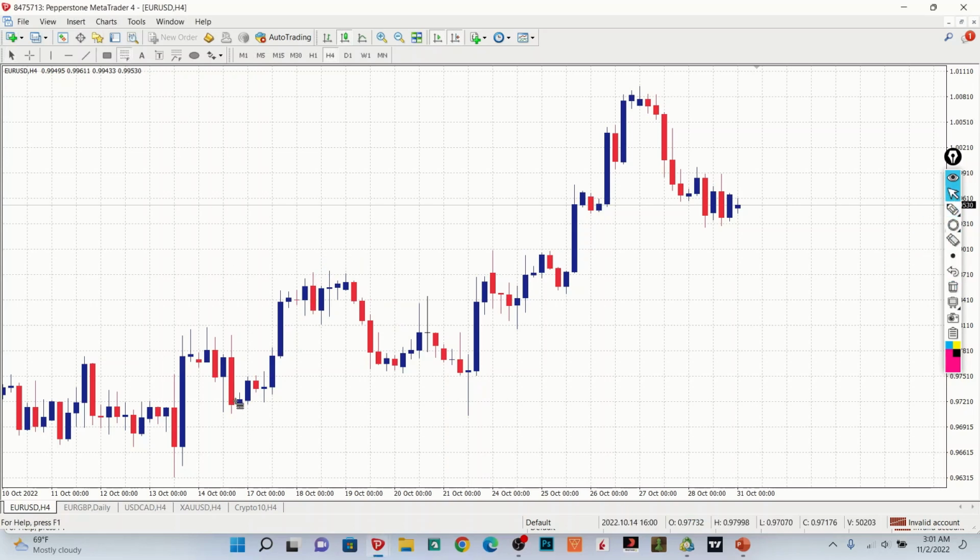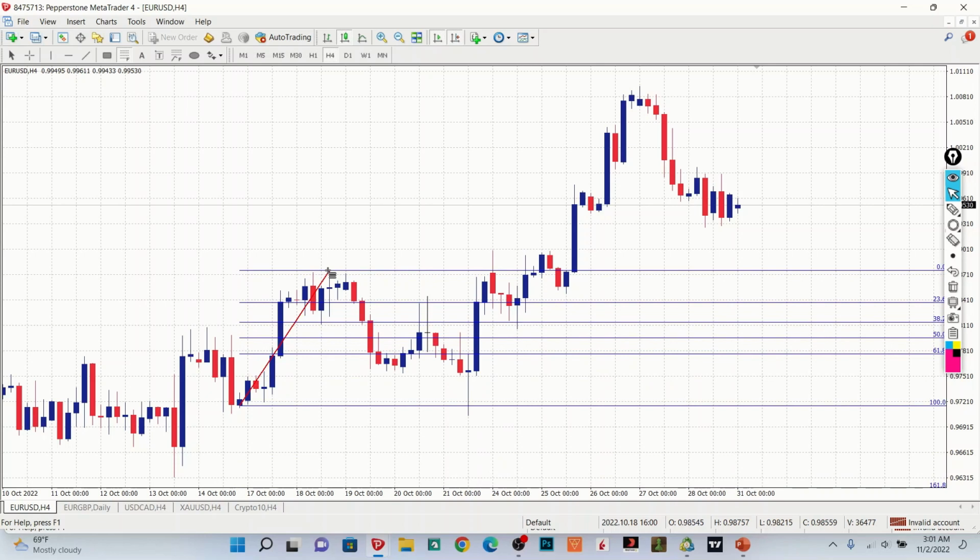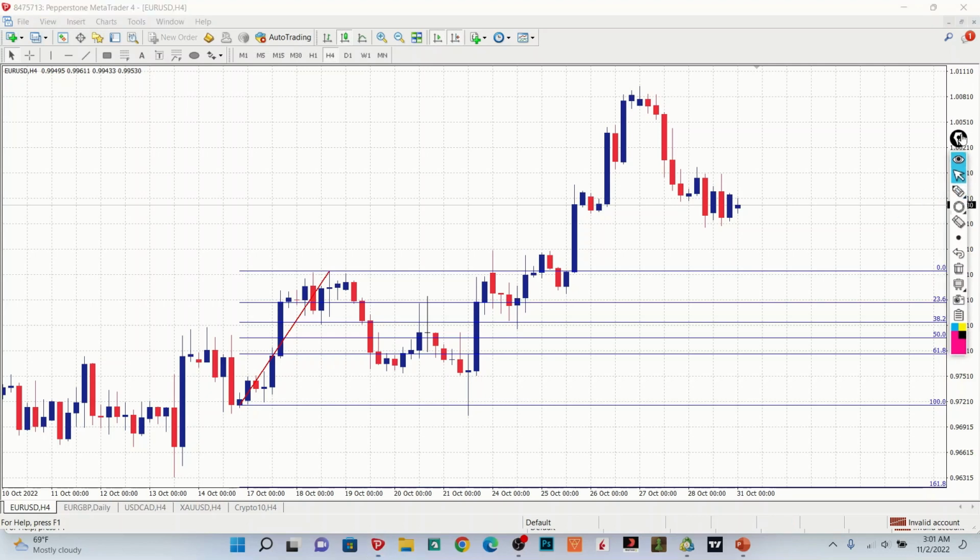So pick the Fibonacci tool, you put it at a swing low, the previous point, and swing to the highest point before the retracement, and then we can see if this was a Fibonacci level or it was not. Okay, so when you look here at this point, the market tried to break through that Fibonacci level, but it failed.